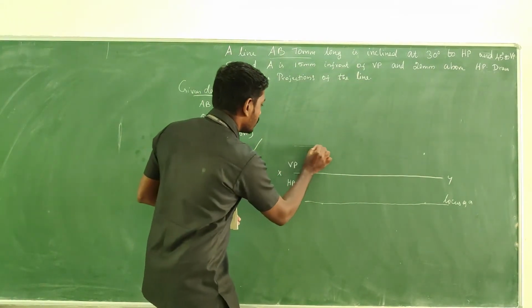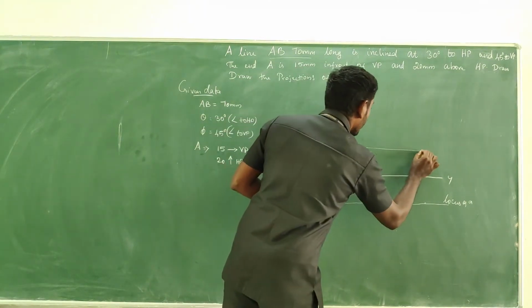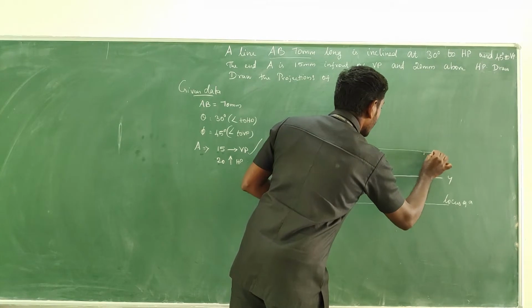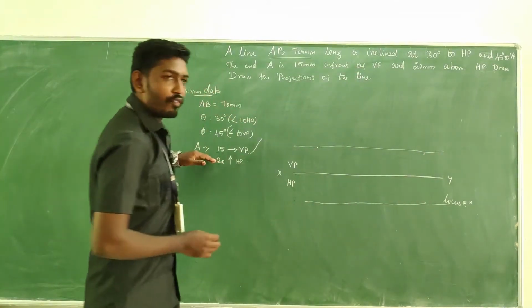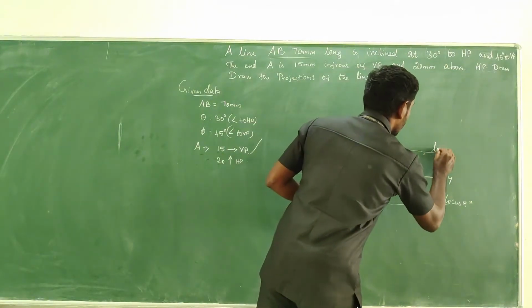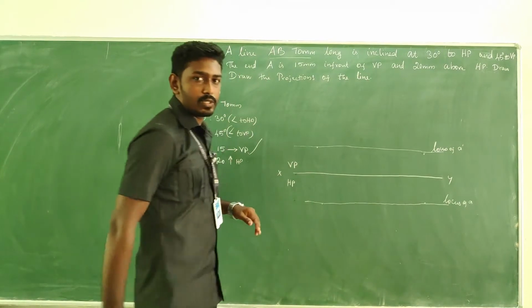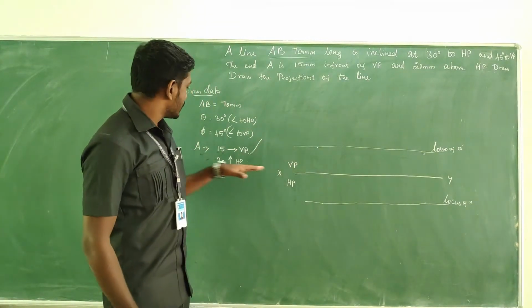If you draw a line passing through both the points, you get the locus of A in the front view, that means the locus of A dash. So now two loci are ready.